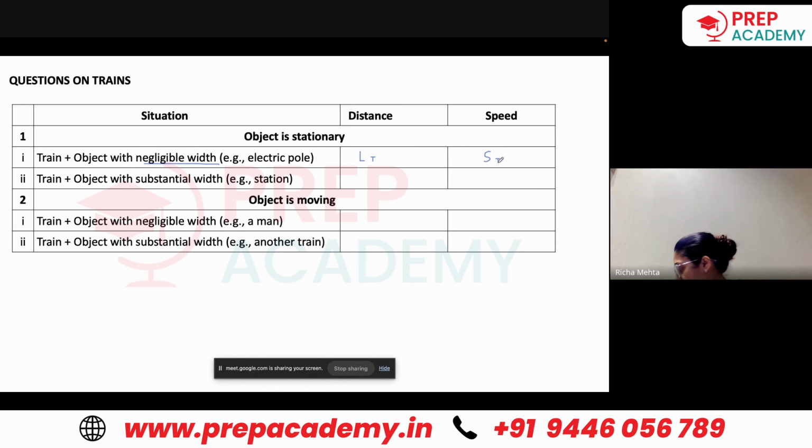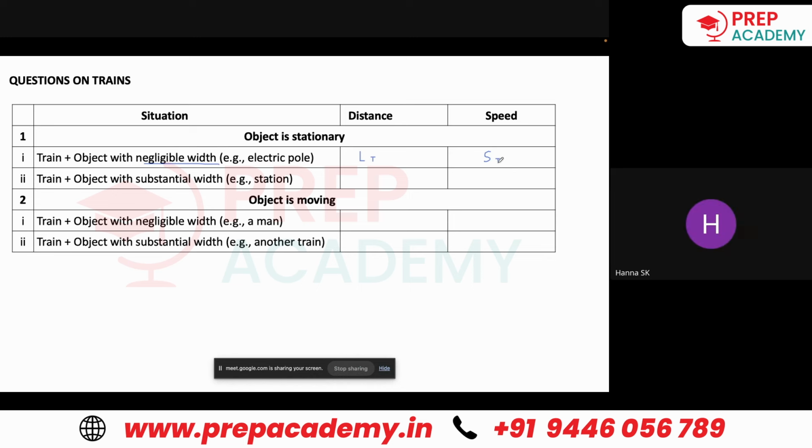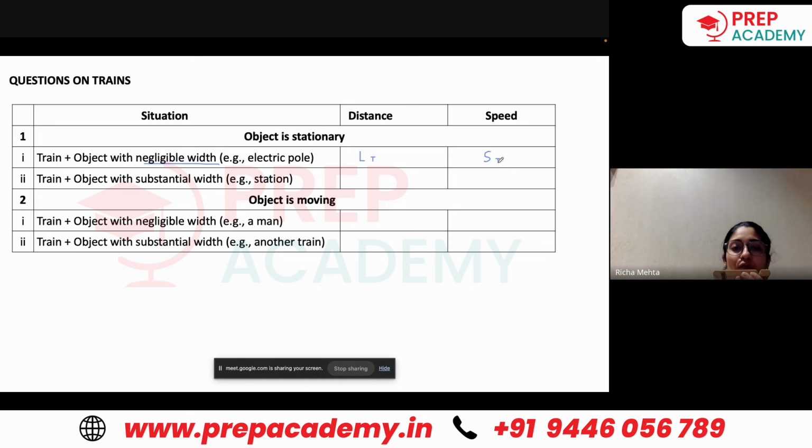Now, let's say this is the platform. My same question: how much time will the train take to cross the platform? Time taken to cross the platform will start at this moment and end at this moment.